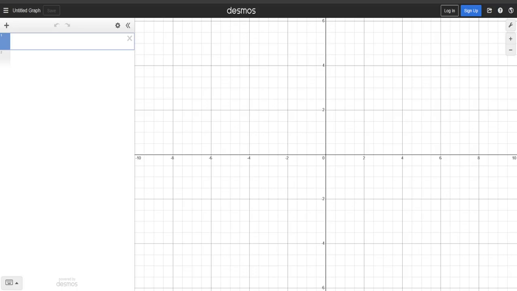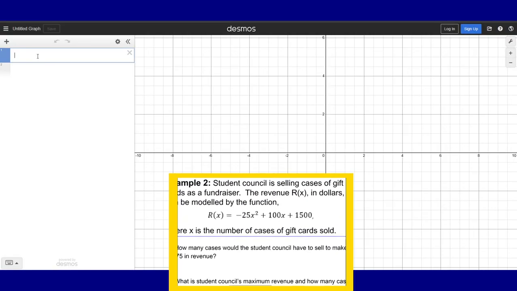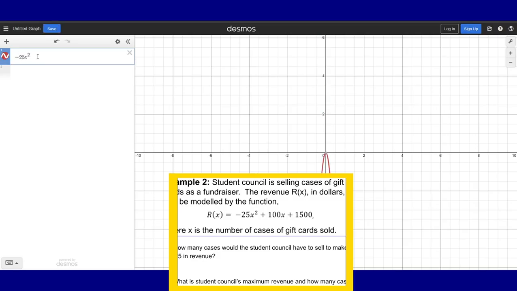So if I go to Desmos and bring up my graphing calculator, I can enter in my equation here, -25x² + 100x + 1500. Now, I can't really see much of the graph, but I can zoom out.